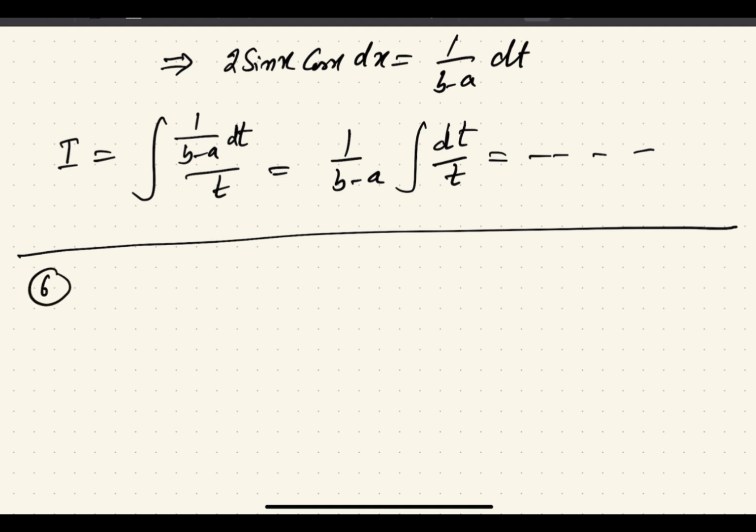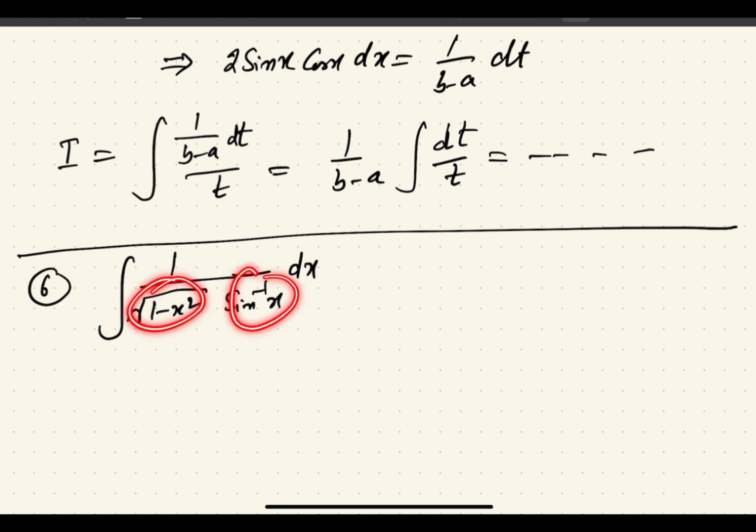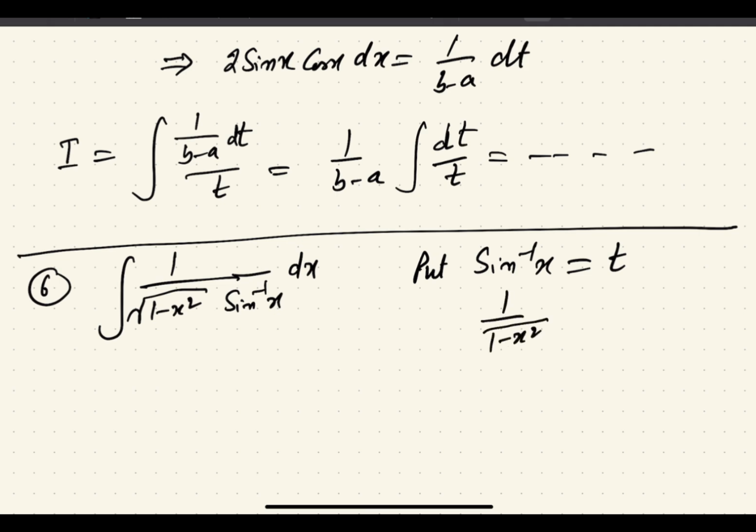This sixth question is 1 over square root of 1 minus x square, sine inverse x dx. If you notice, it is a pair of sine inverse x, and this is in the denominator, and this is a function of sine inverse x. And you will put sine inverse x equal to t, and its derivative is 1 over square root of 1 minus x square and dx, that equal to dt.